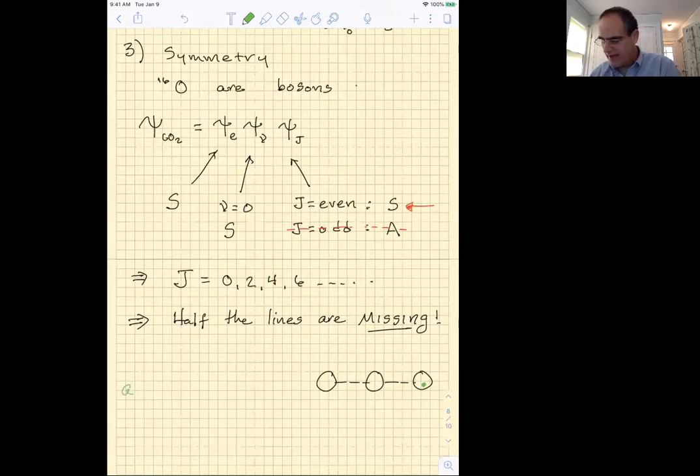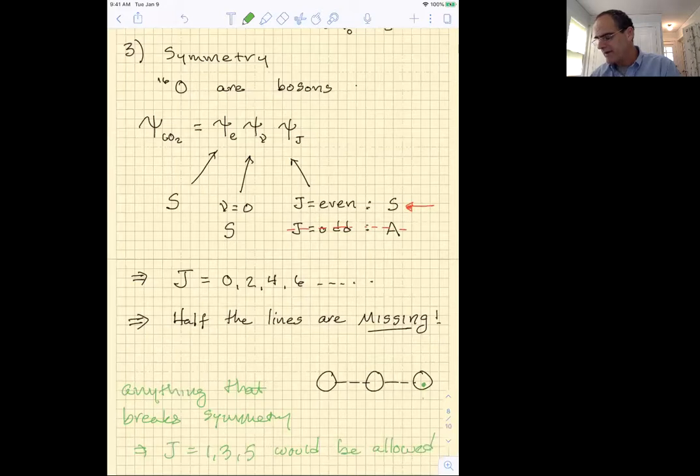That would break the symmetry. And anything that breaks the symmetry would mean that the odd states would be allowed.